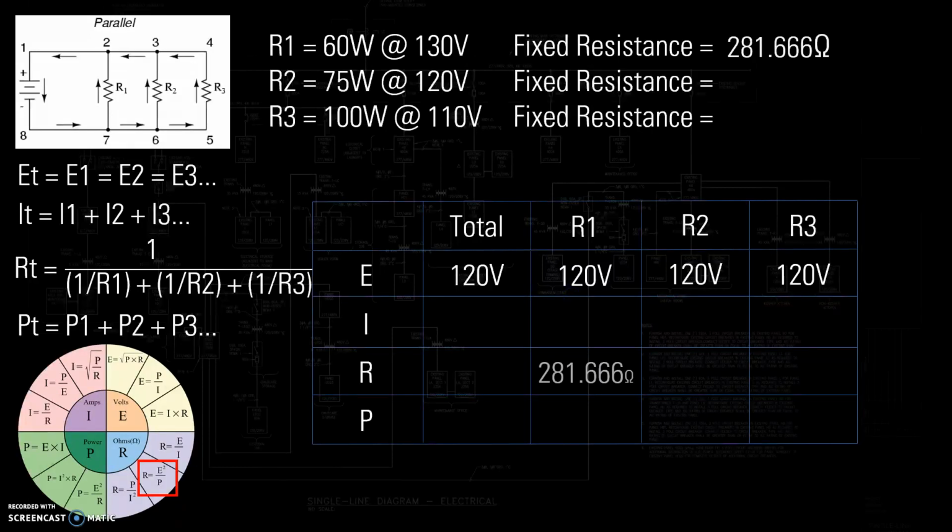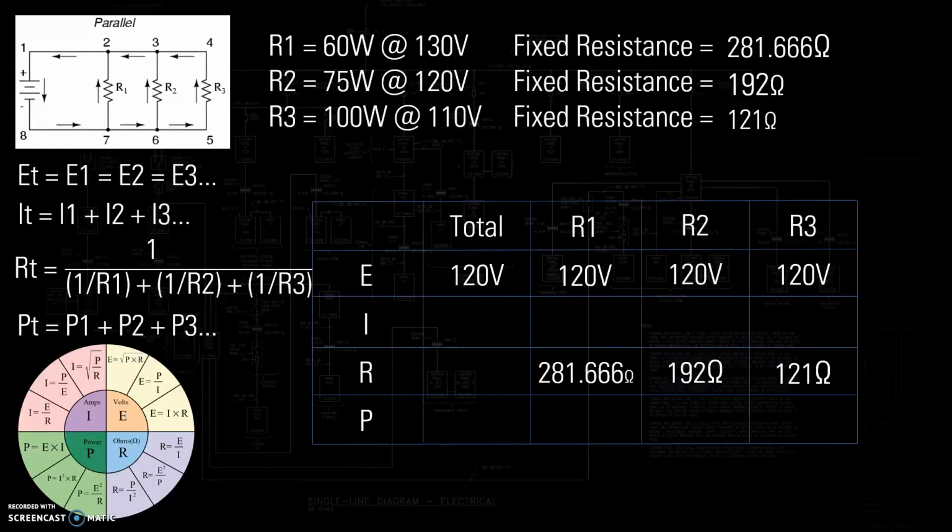If we work that out, we find R1 is 281, R2 is 192, R3 is 121. Again, use rated values, find fixed resistance, enter them in the table, right?